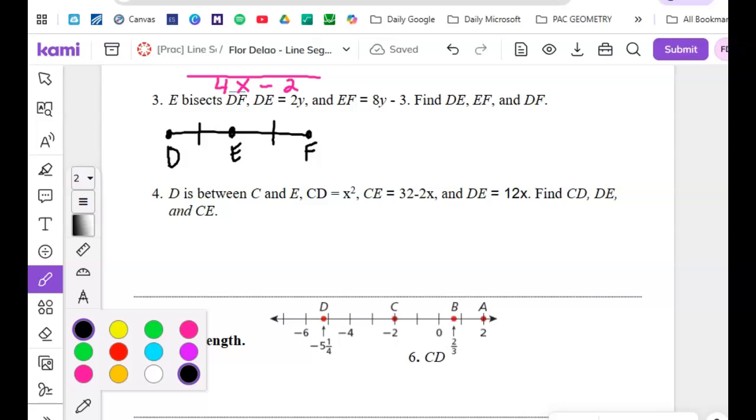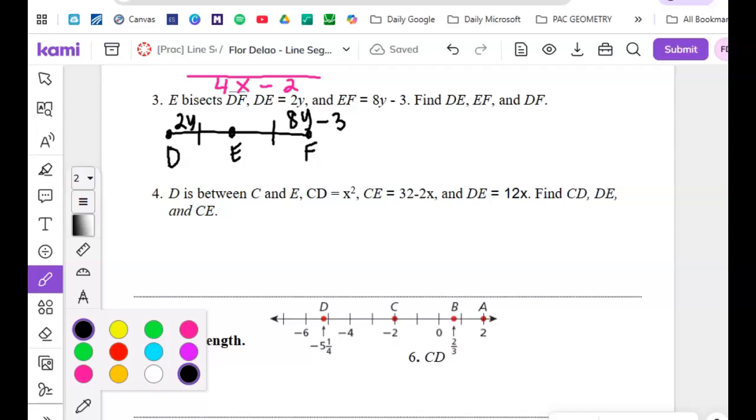Yes, because the midpoint bisects, and bisect means put into 2 parts. Bisect means you cut it in half. Alright, let's label what we have. DE is 2y. EF is 8y minus 3.